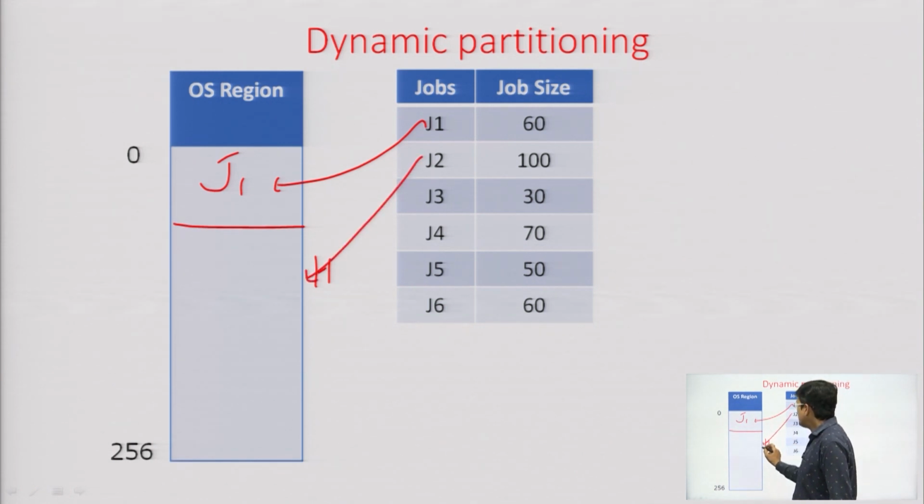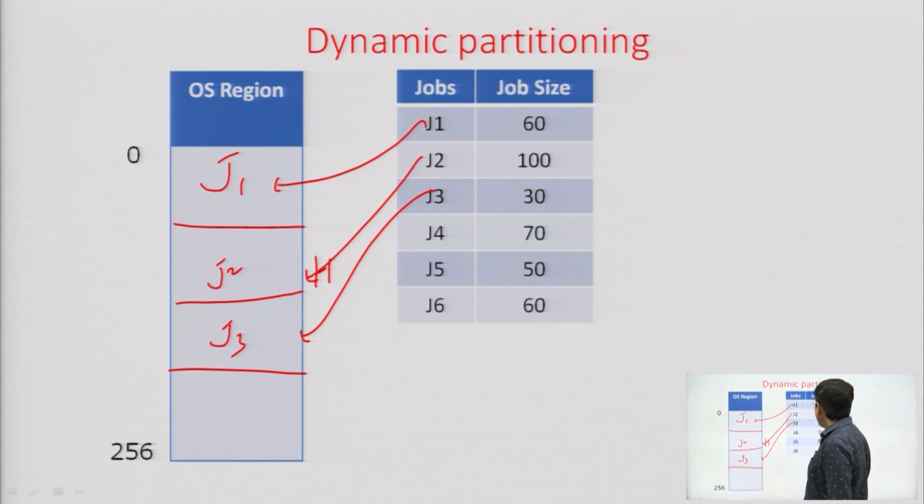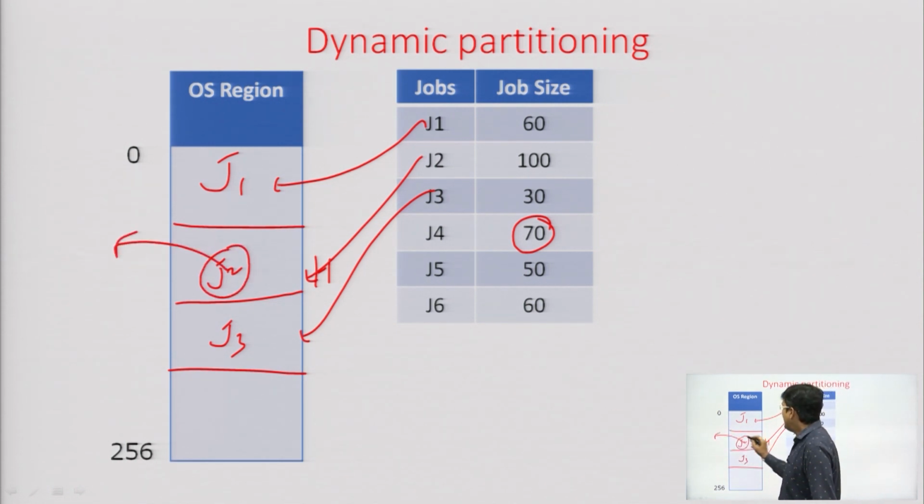Similarly, for the next process we will be creating a partition, and then for the next process also. If the next process of, let us say, 70 KB cannot be accommodated here, then we will wait till another process leaves the space. For example, let us say process J2 leaves the space, and then J4 can come in.